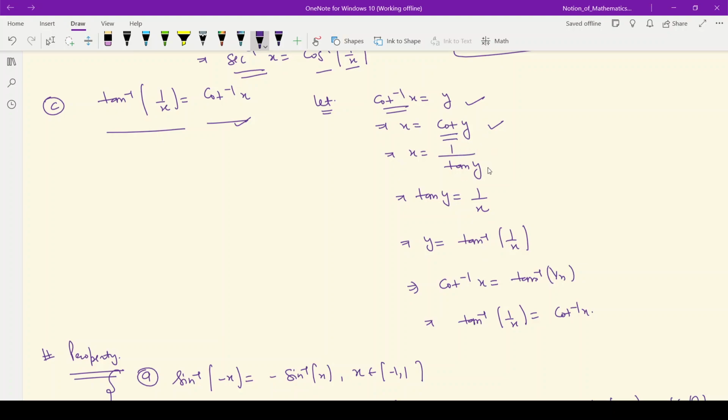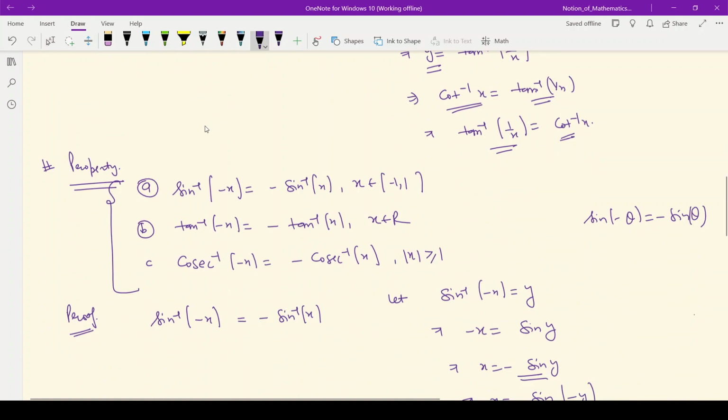Since we know cot of y is 1 upon tan y, or tan y is 1 upon x, or y is tan inverse 1 by x, and we know this value of y is cot inverse x, that is what I have written here. So cot inverse x is tan inverse of 1 by x. Ultimately we can say tan inverse 1 by x is cot inverse of x. So in such a way students, all these three properties are discussed.